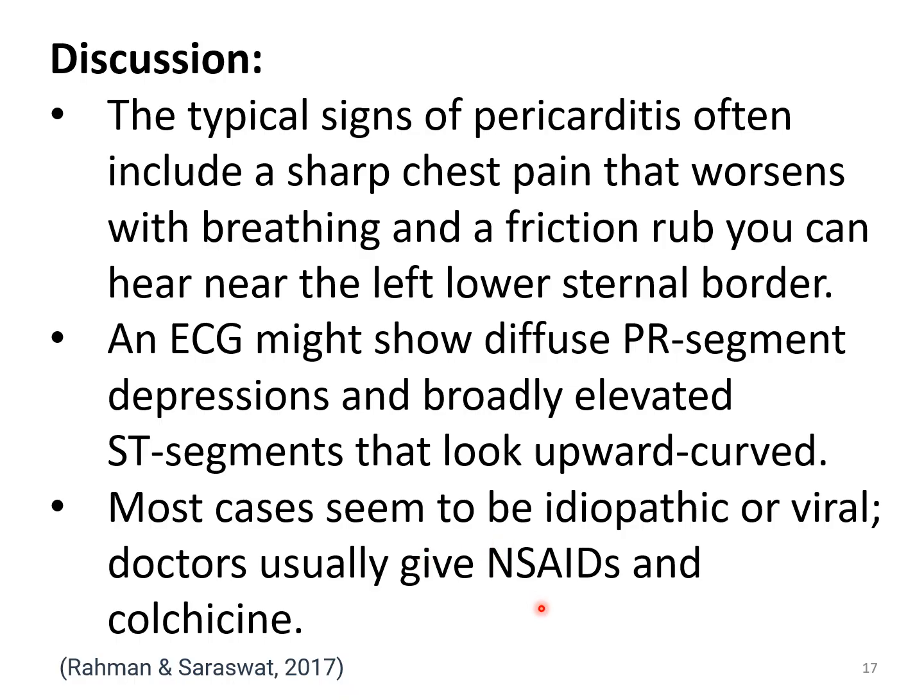They treat it with normal anti-inflammatory drugs like naproxen, indomethacin, Aleve or Advil, that kind of medication, and colchicine. Colchicine is usually used in severe conditions and is most commonly used for gout pain.